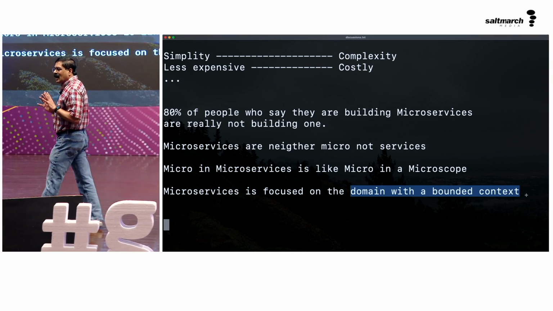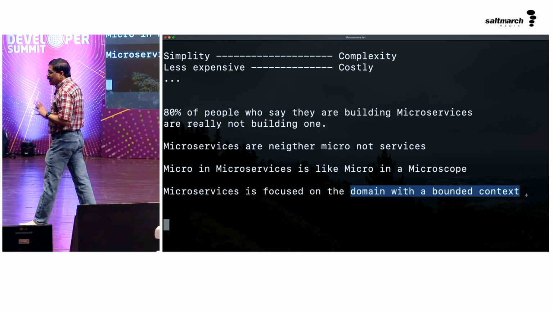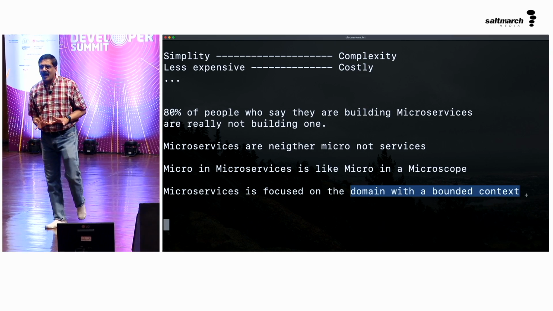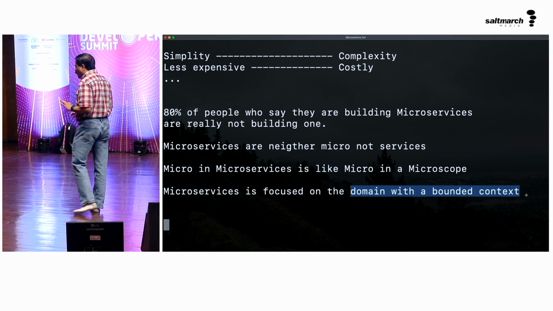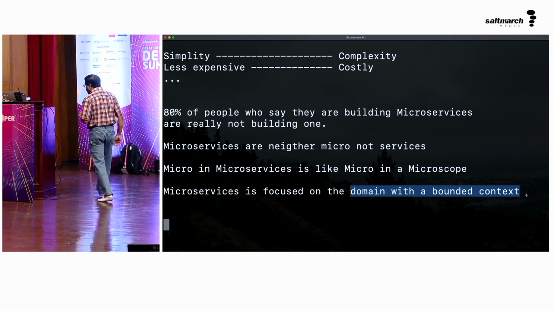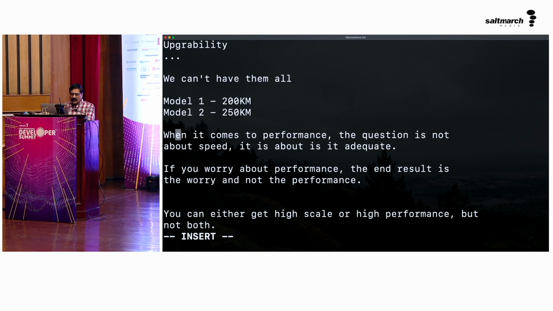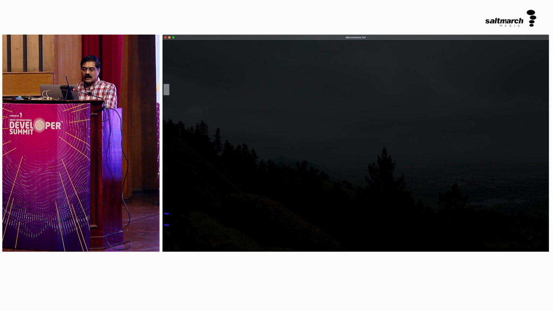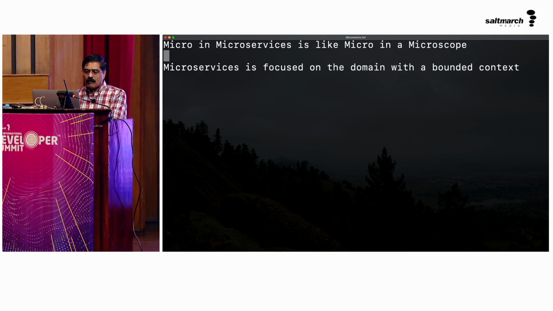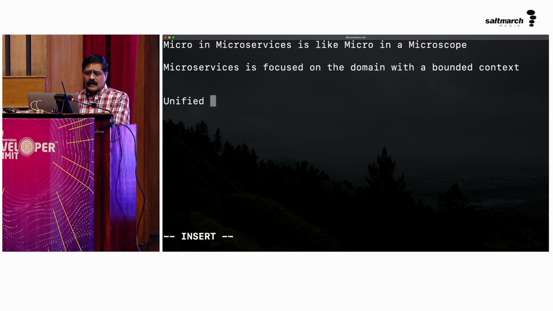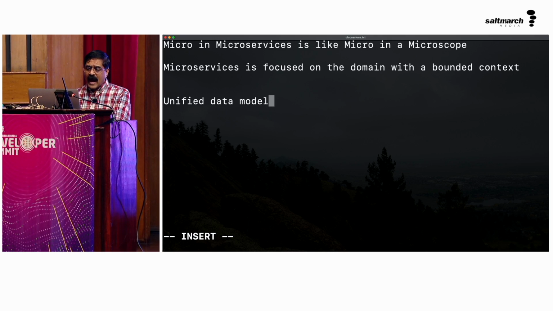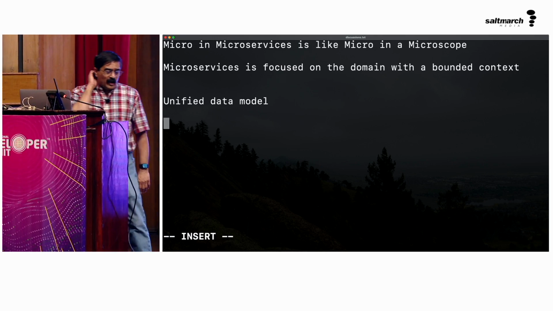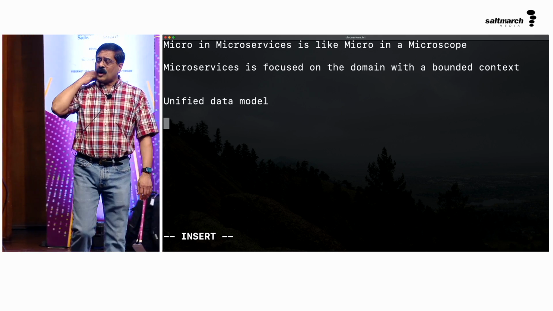Now, I want you to think about this for a minute. What did we just end up with in this case? This is called a unified data model. Now, when you have a unified data model, what is going to happen? Just play the scenario out for a minute.